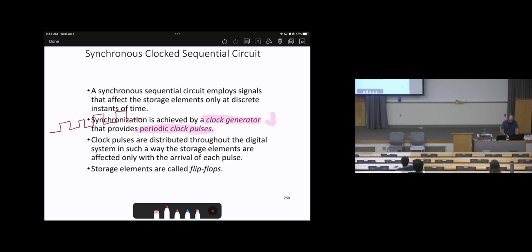Or you can imagine tick is up, tock is down, tick up, tock down, and so on. So it will create a pulse, and that pulse is called periodic. The word periodic means it repeats itself every certain period of time.